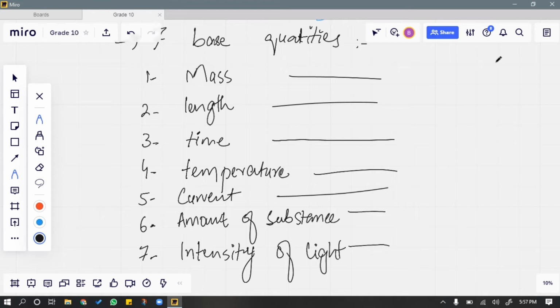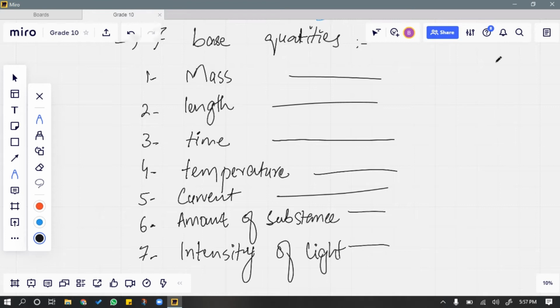Because one is using centimeters and the other is using inches or yards. That might create confusion whenever they collaborate. So for removing such confusion between scientists throughout the world, the International System has been created. All those base quantities are used around the world with the same terms and the same units.